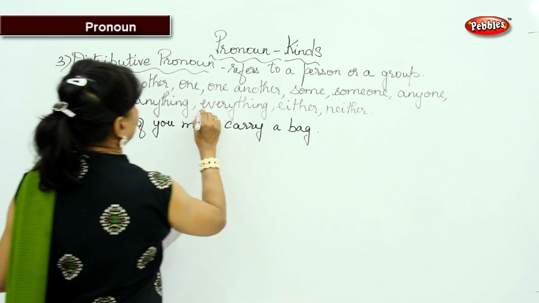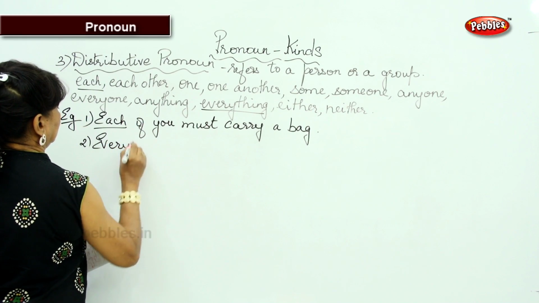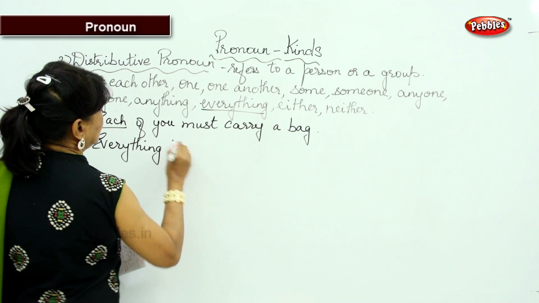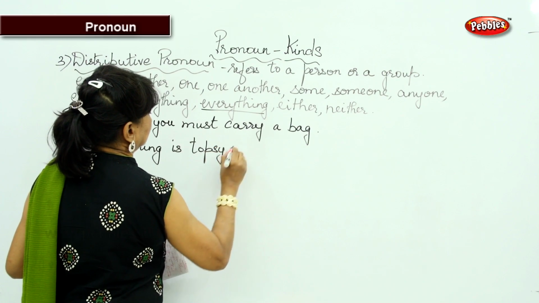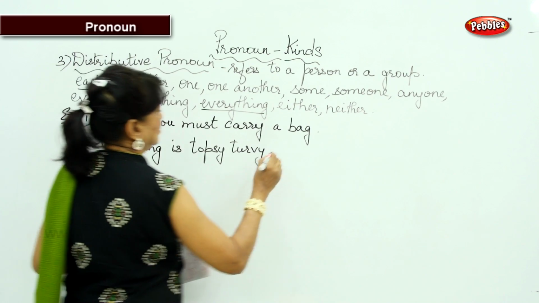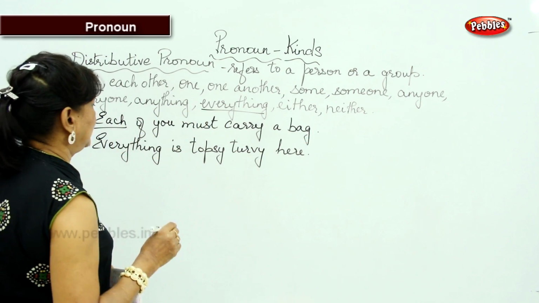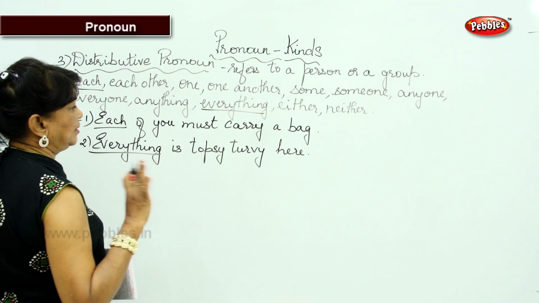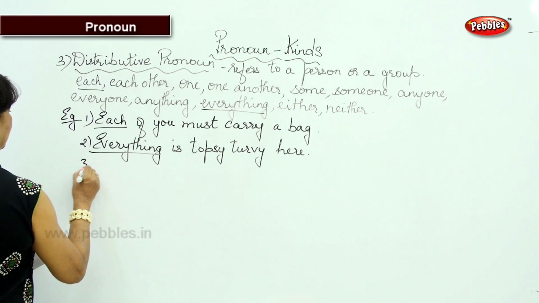Now, next I am going to use everything. Everything is topsy-turvy here. What do you mean by topsy-turvy? Topsy-turvy means everything is upside down. Okay, ulta pulta they say.